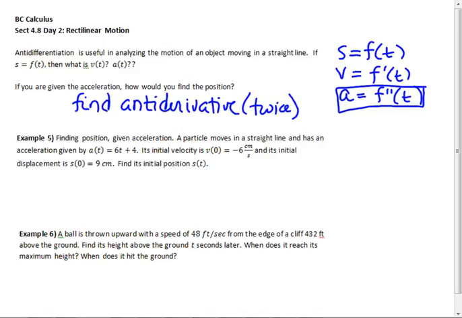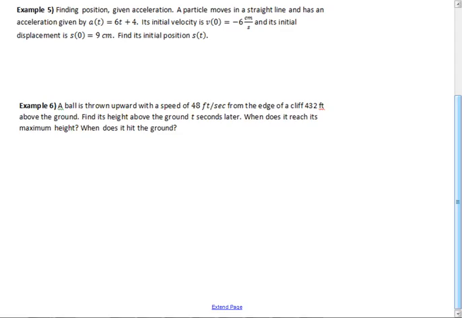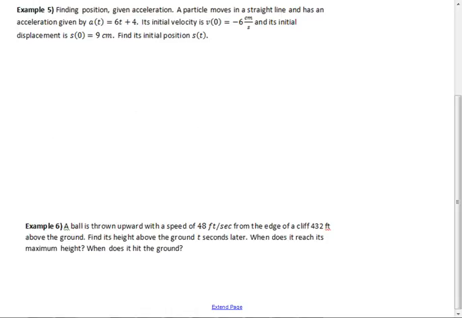Okay, so let's do this problem. This is really just like what we did yesterday, it's just in context. Find the position given the acceleration. It says a particle moves in a straight line and it has an acceleration given by this formula, a of t is equal to 6t plus 4.